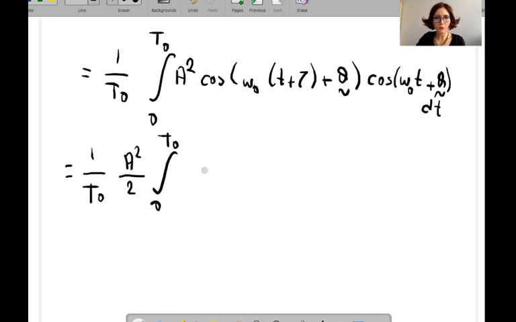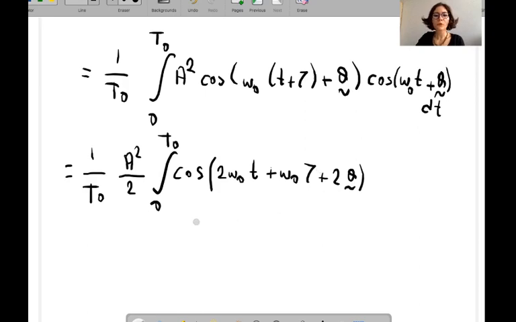So the integral from 0 to T0. Now we will write the first cosine term, which comes from the sum of this expression and that expression. If you sum them up, you have omega 0 t here, omega 0 t here, so you have 2 omega 0 t. Then you have 1 omega 0 tau coming from here, and then 1 theta coming from here, so it gives you 2 theta.